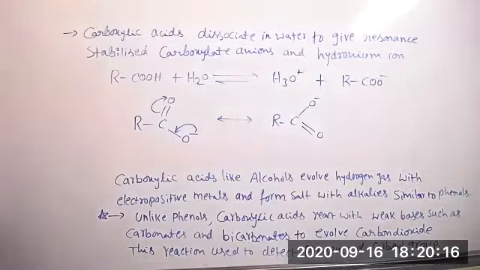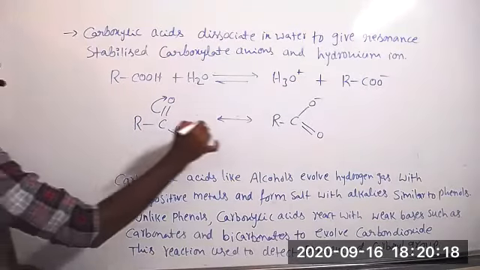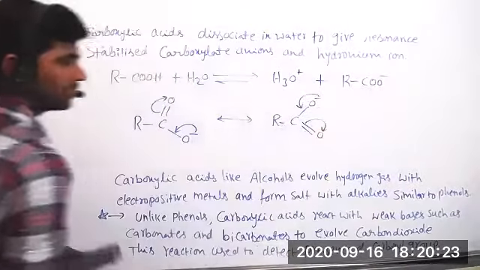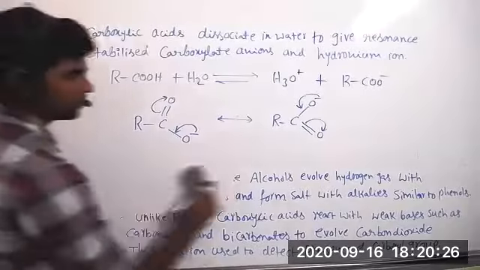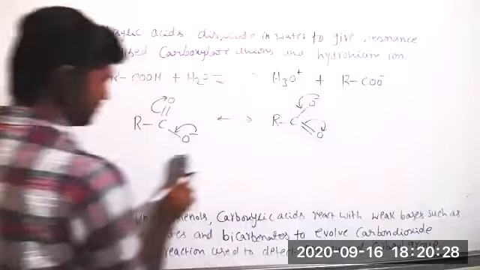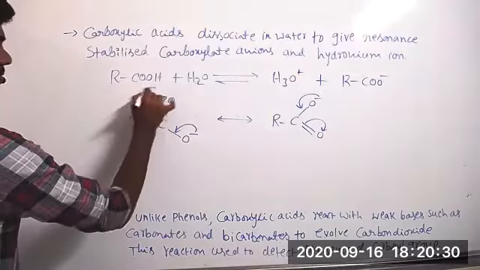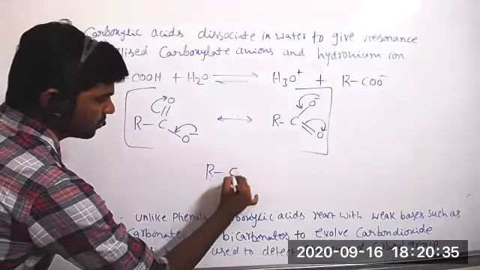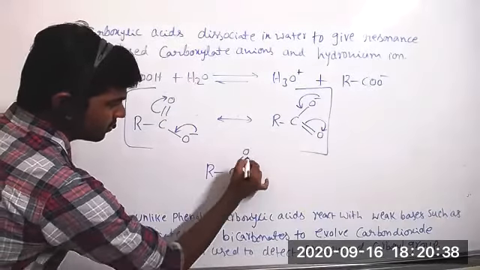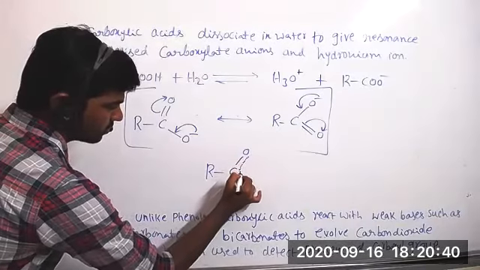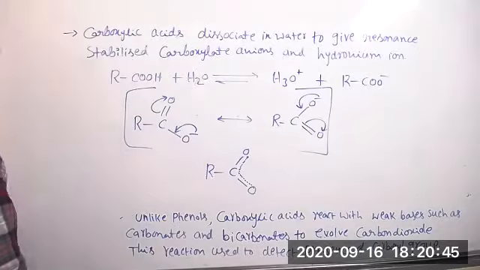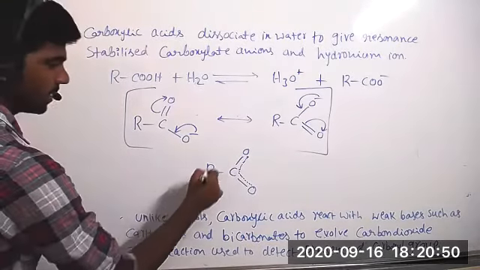Again, this is involved in forming a pi bond. This bond is shifted to the oxygen side. So this is the resonance hybrid.